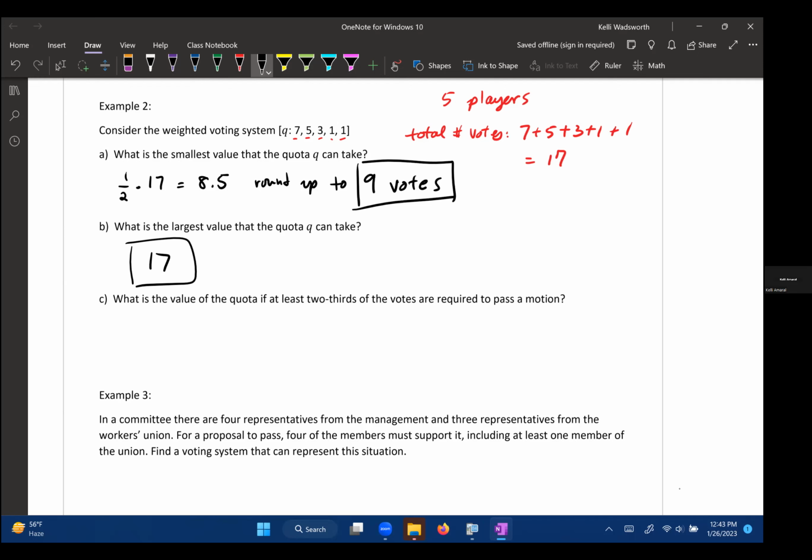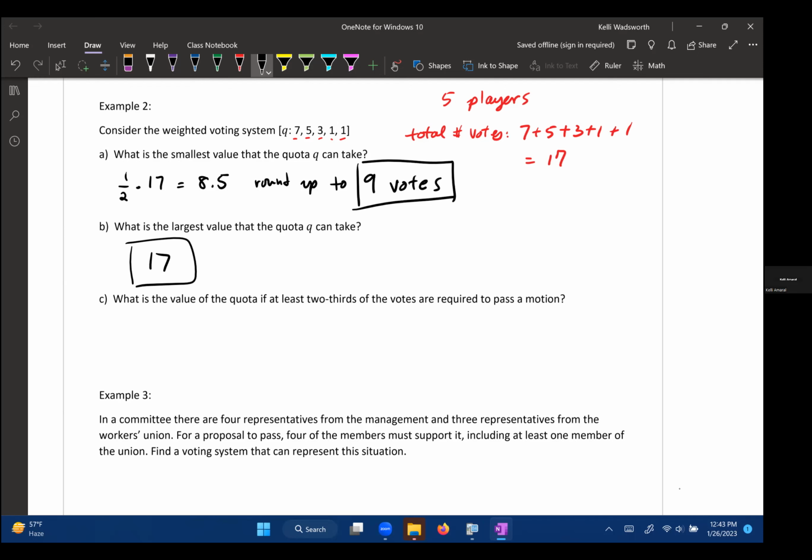Regular bills, regular laws that go through the Congress, only need a simple majority. But if you want to amend the Constitution, you have to have 2/3 of the people that are voting agree to that. So 2/3 is pretty common because it's significantly more than 1/2, but it's not approaching unanimous, right? You can have some dissent, but 2/3 is a pretty big portion.